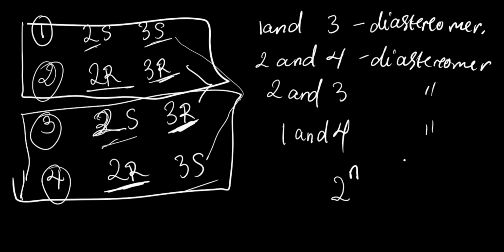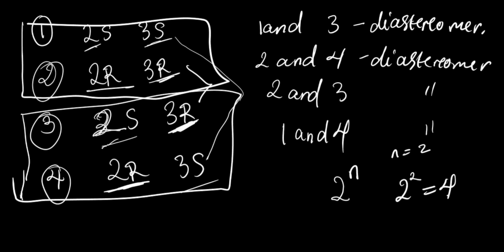Okay, so n equals 2. The number of possible stereoisomers would be 2 raised to the power of 2, which is equal to 4. Of these 4 compounds, we would have 2 pairs of enantiomers, and then we would have the diastereomers amongst themselves.